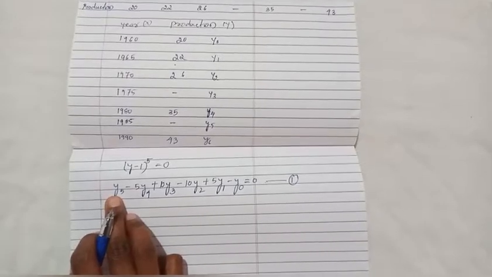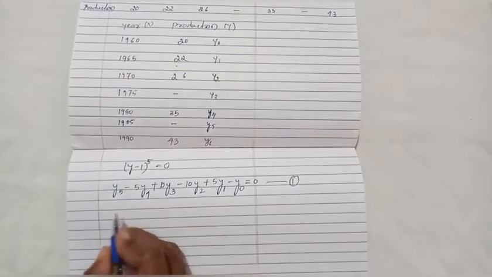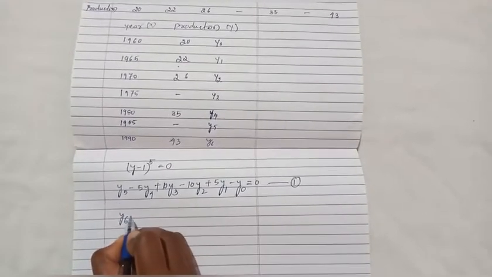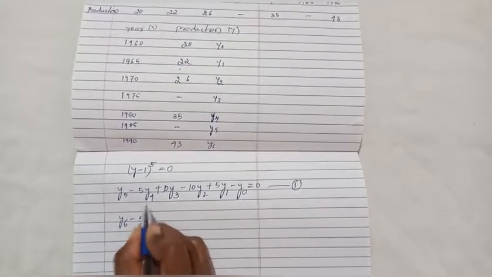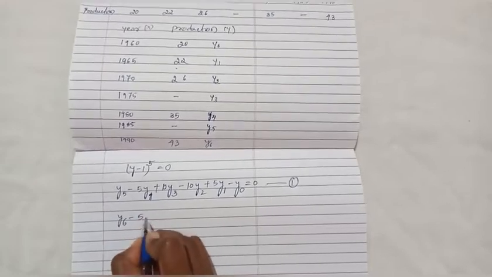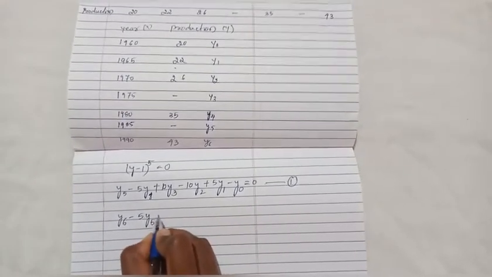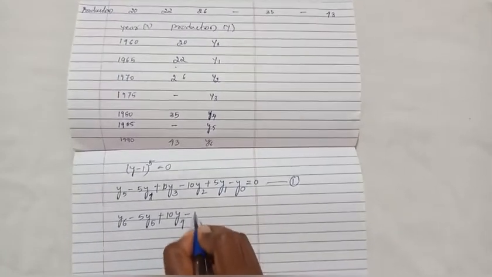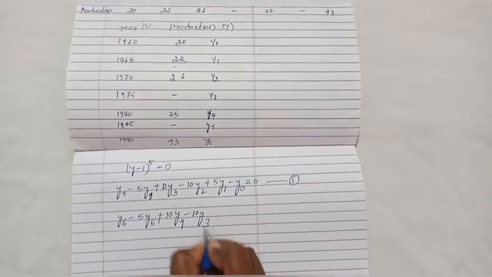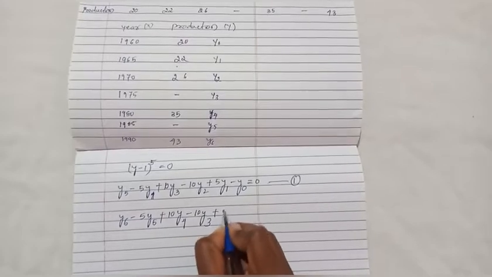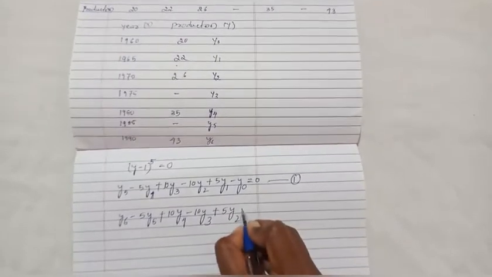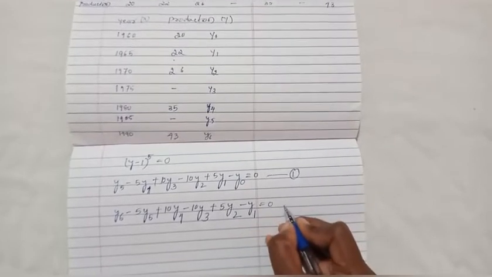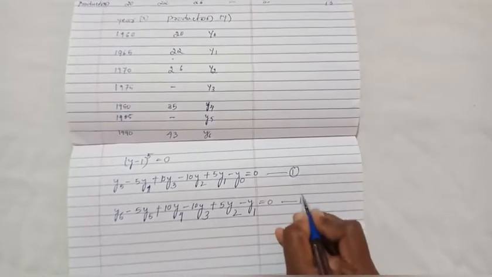Here we have y5, just add one, so write y6, then minus 5y5, plus 10y4, minus 10y3, plus 5y2, minus y1 is equal to 0. You write this as equation 2.